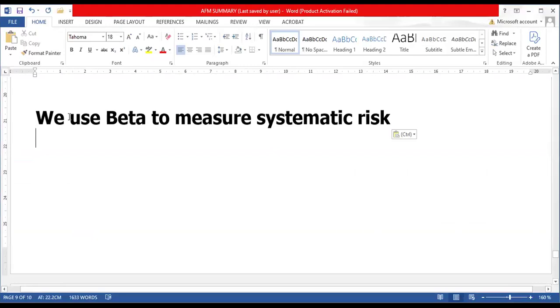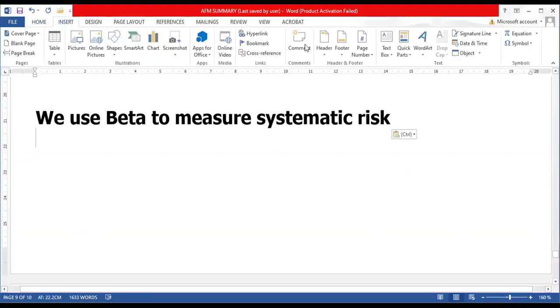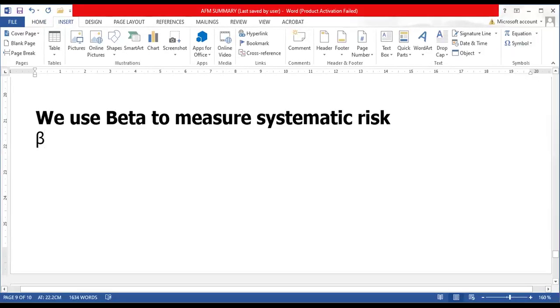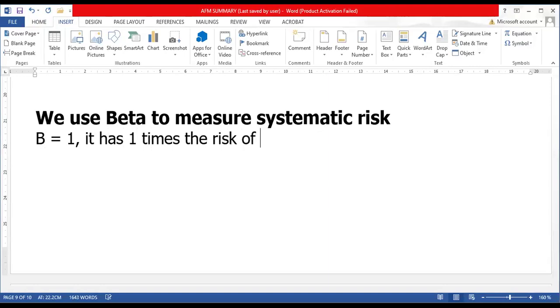We use beta to measure systematic risk. Now, in a scenario where you find that your beta is equal to 1, what does it tell you? It shows that it has 1 times the risk of the market.